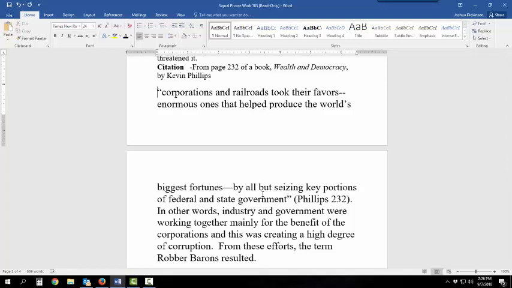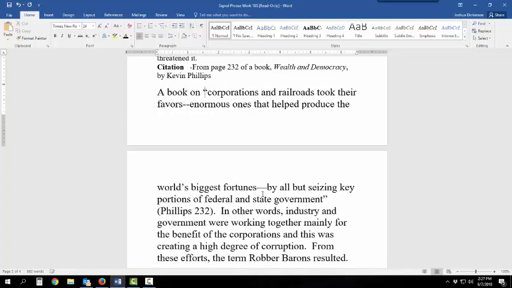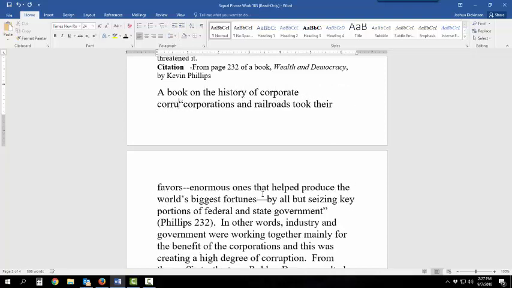I don't know the year of the book here, but I might say something like, a book on... the verb really matters here, guys. We have to have something like notes, suggests, contends, asserts. Some kind of claim is being made in the book by Phillips on 232.